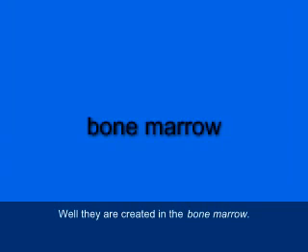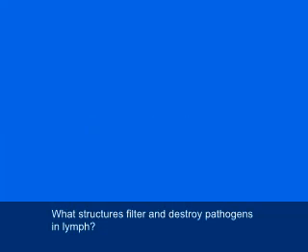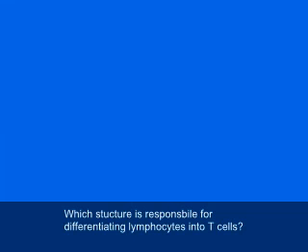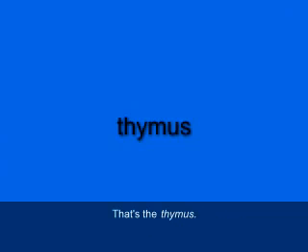Well, they're created in the bone marrow. What structures filter and destroy pathogens in lymph? Those are the lymph nodes. And which structure is responsible for differentiating lymphocytes into T cells? That's the thymus.